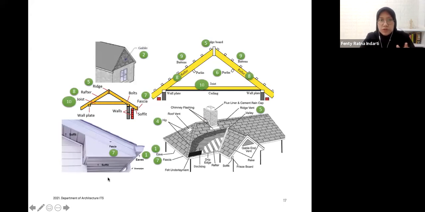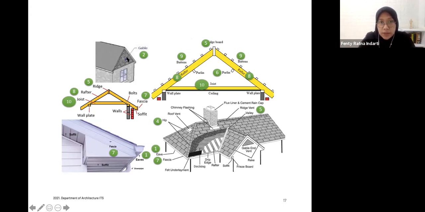This is what it looks like. Again, this is a gable. There are a lot of elements here. You have to understand what the function is. I will explain it in the next slide related to the section, because in section you have to understand that each part has its own contribution toward how the building stands.